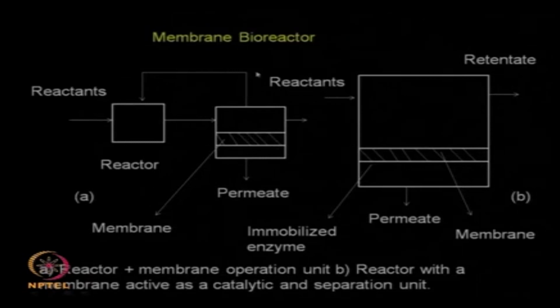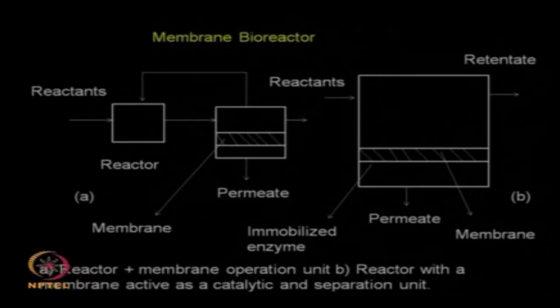That is the main advantage of this type of setup. Continuously I remove the alcohol that is produced, so the concentration of alcohol in the reaction media is very small, so I can be rest assured that the microorganism or enzyme is not going to get denatured because of the build up of the alcohol. So I am not allowing the alcohol to build up.